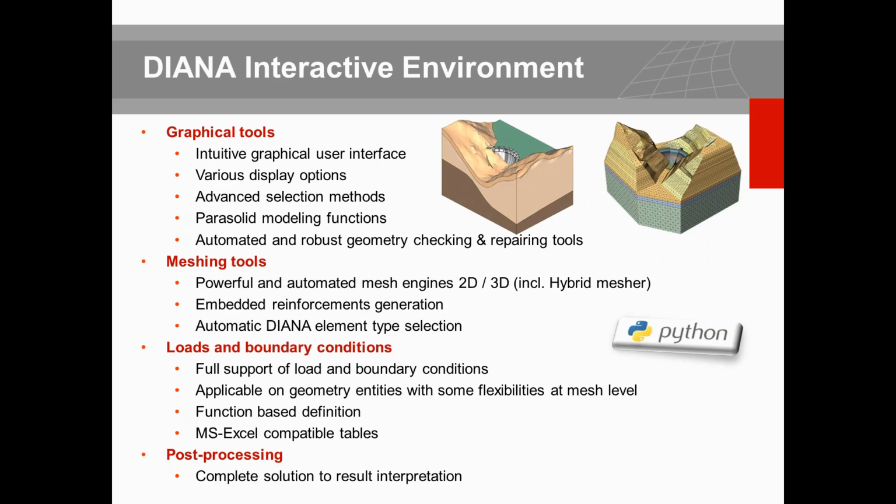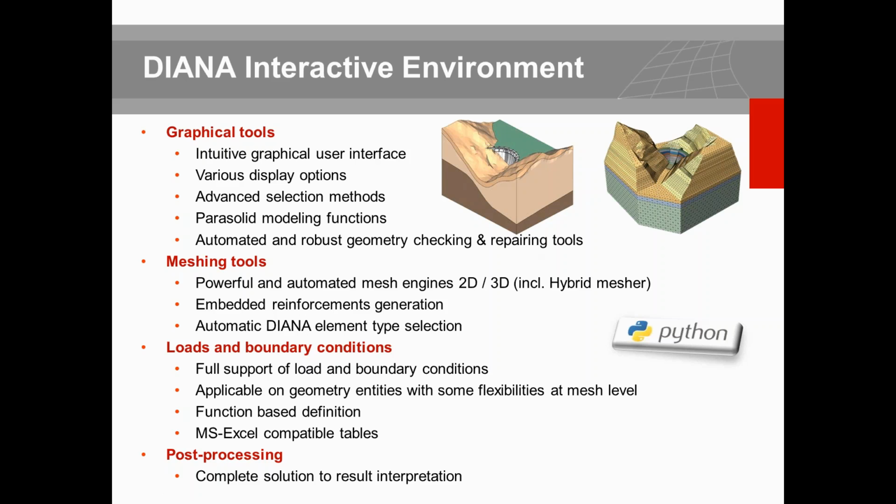This is a very nice and powerful feature. And indeed, we have an automated and robust geometry check and repair tool, because we are taking benefit of the Parasolid tools. These things, especially the auto clash and others, are very important when different segments are interacting and intersecting with each other.